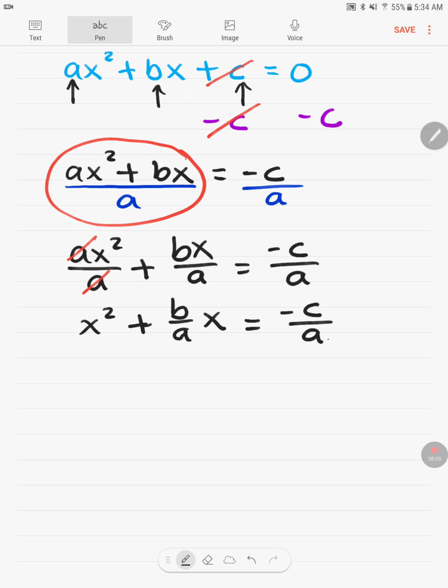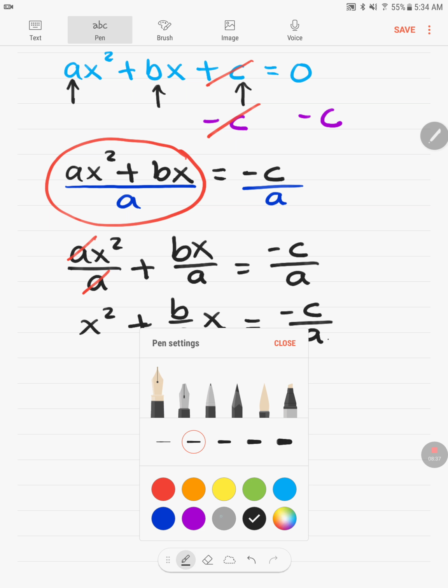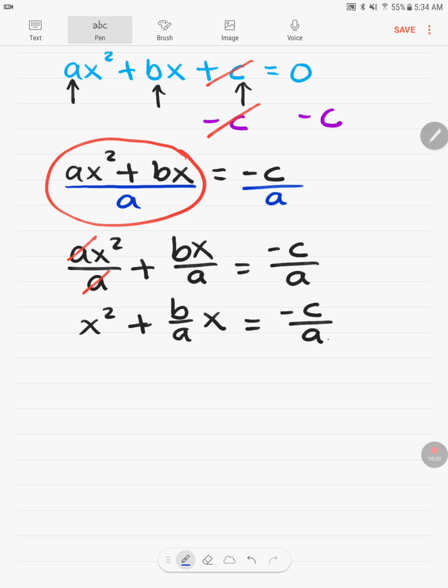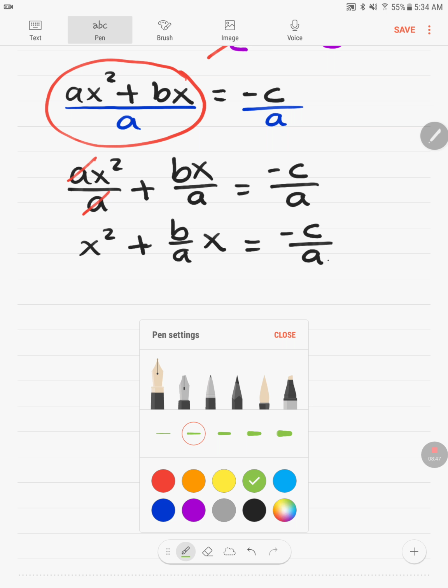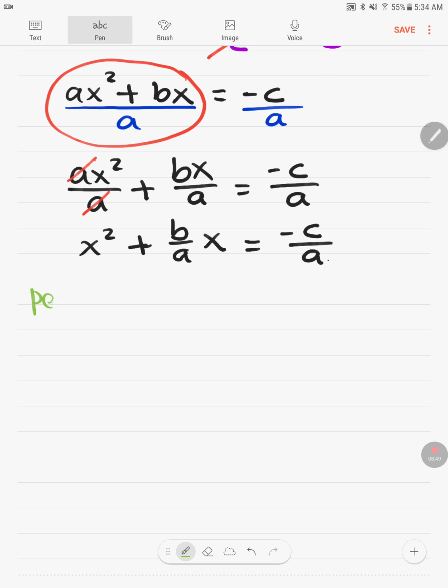Now the next step involves something called perfect square. And perfect square, let me put it as a subnote here, perfect square.